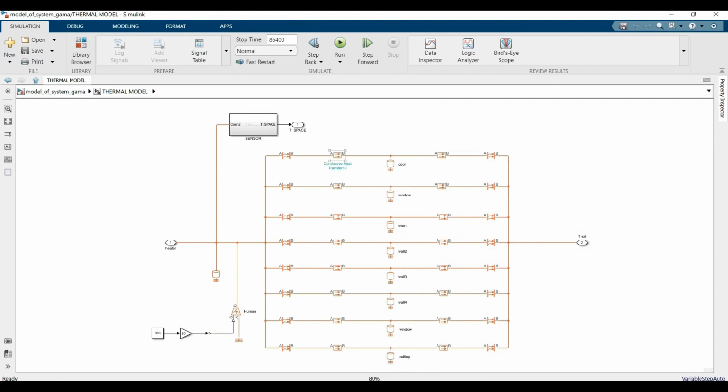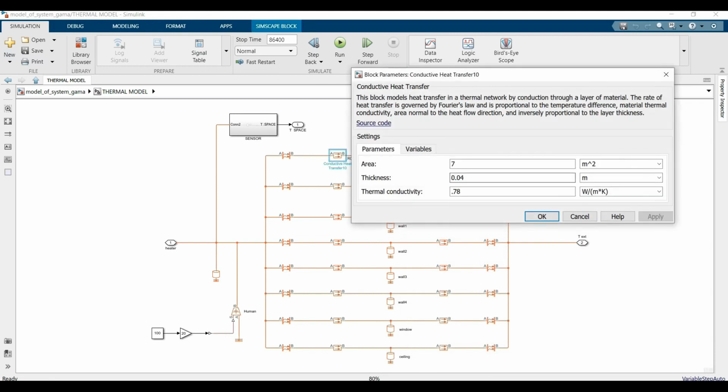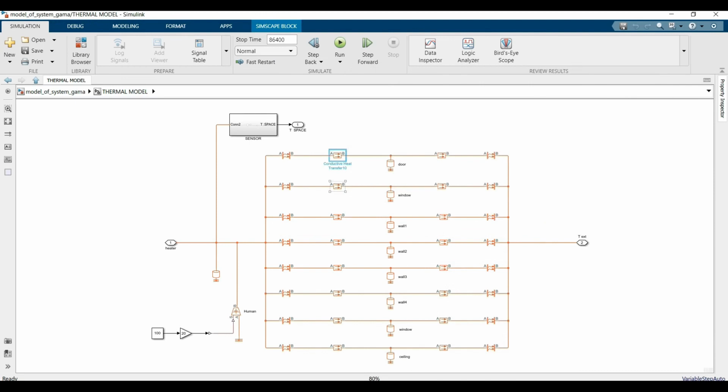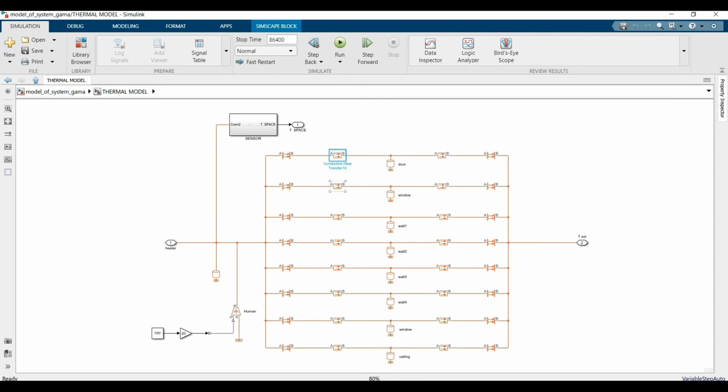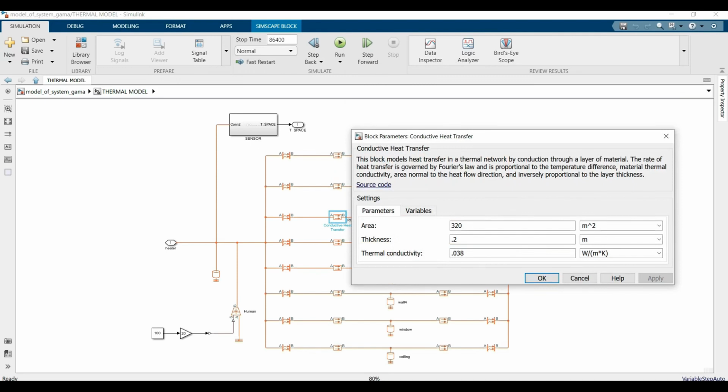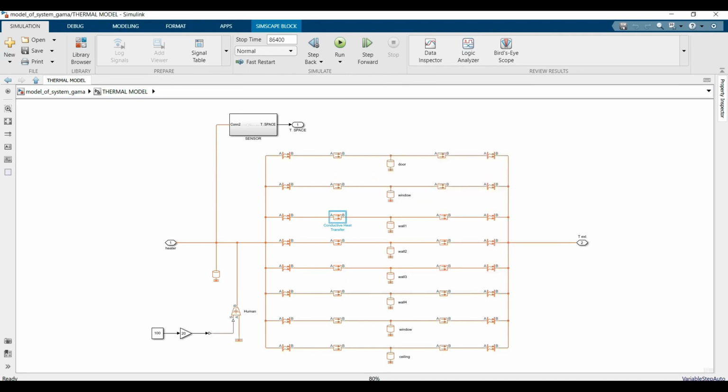And for conductive we have these: the area, thickness and thermal conductivity. We have 4 doors, and that is the sum of the doors area. The window, the wall, window and ceiling.